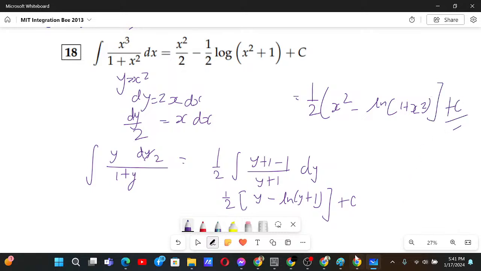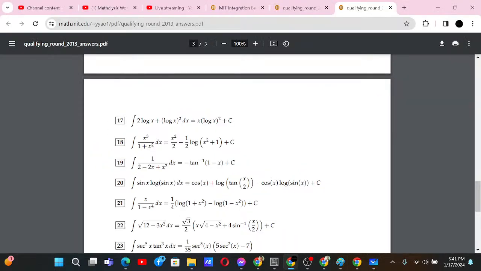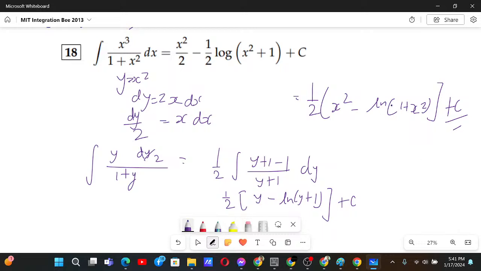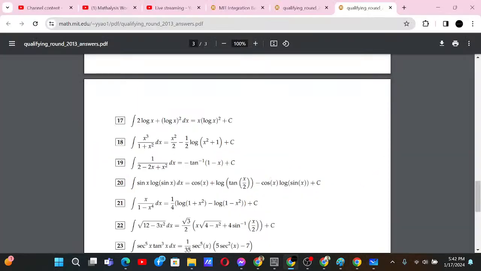This is the answer. If you have to check it, let me see the answer again: x square by 2 minus ln of 1 plus x square by 2. Yeah, that's the answer. Let's go to next problem.